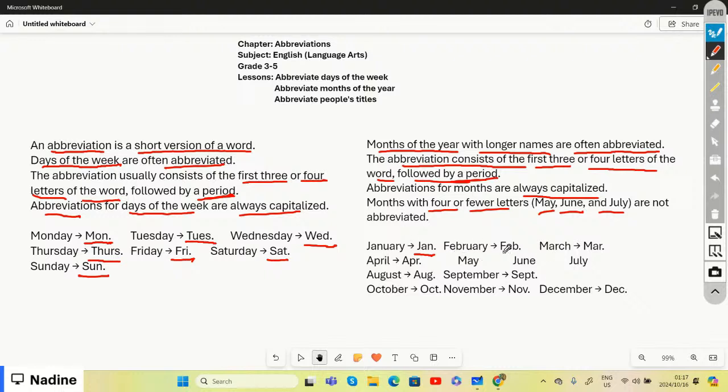February, we abbreviate it to Feb. March, because it's 5 letters, we abbreviate it to 3 letters, Mar. April, we also abbreviate because it's 5 letters, so it's Apr.